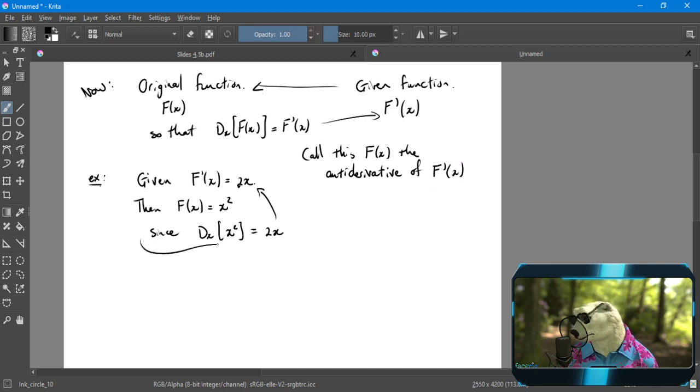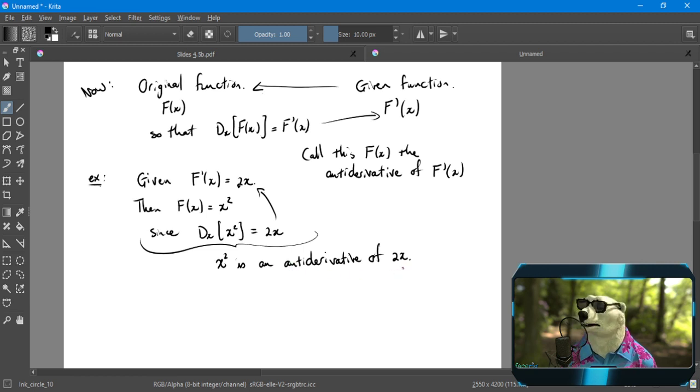So in this case, 2x was the derivative answer. The original function that it comes from is x squared. X squared is an antiderivative of 2x.